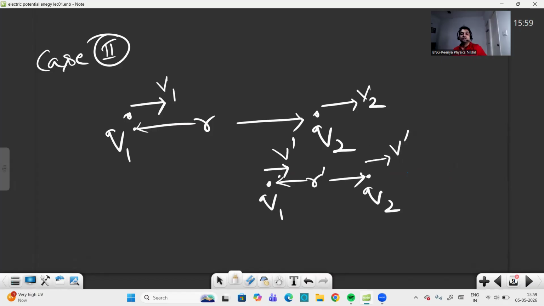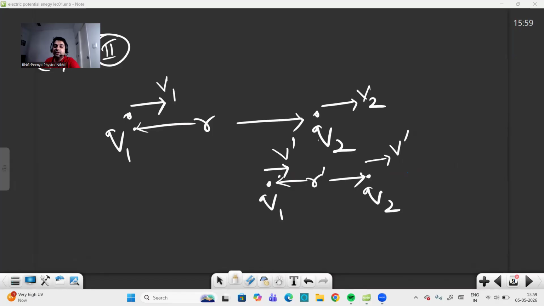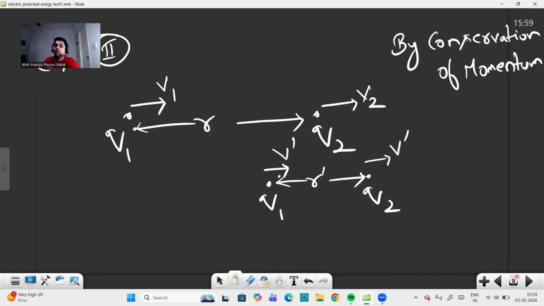So here, what can we write? Here we have to find v dash in terms of v1 and v2. So by conservation of momentum, as I told you, we have to always think two things, one conservation of momentum and conservation of energy. So what is the total initial momentum?